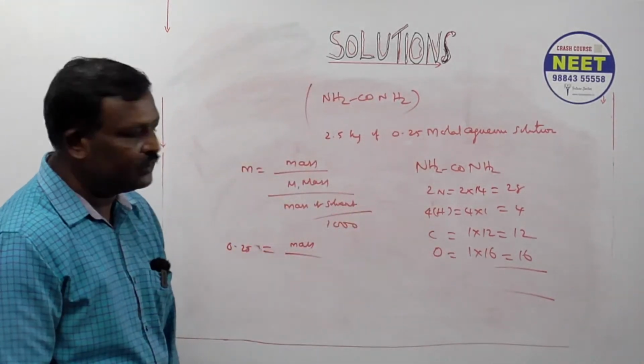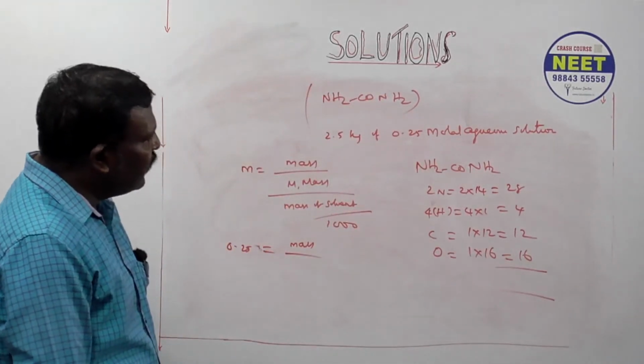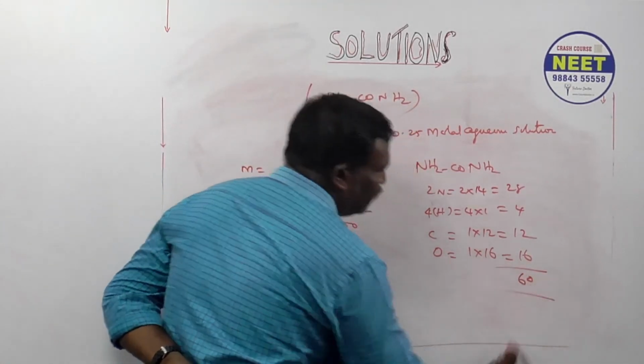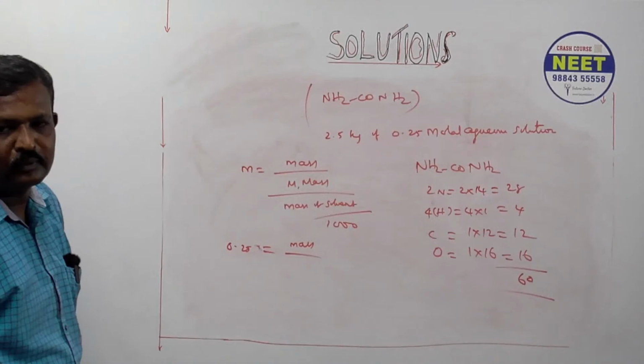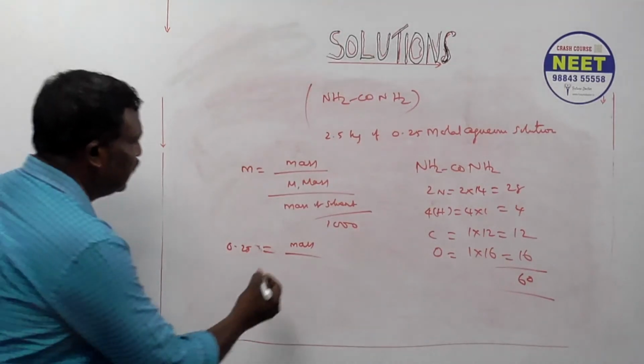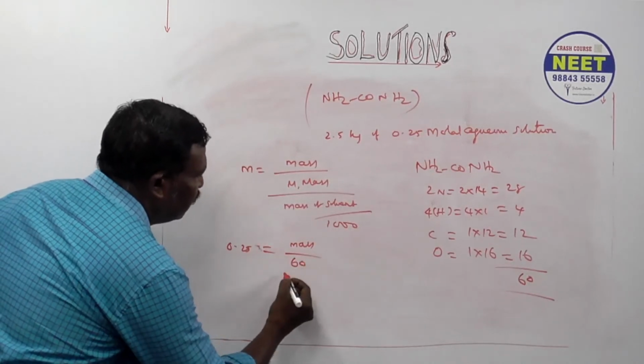If you add all this, 60. Correct or not? So molar mass is 60, substitute here.